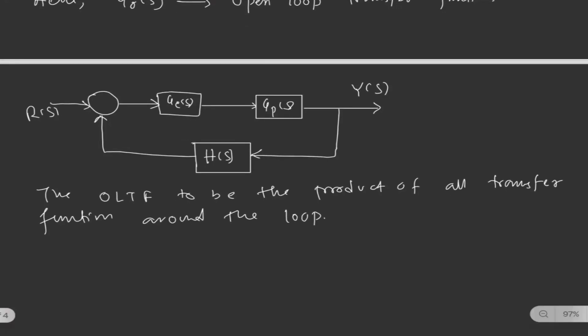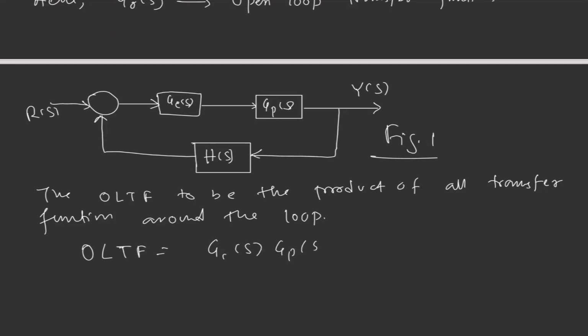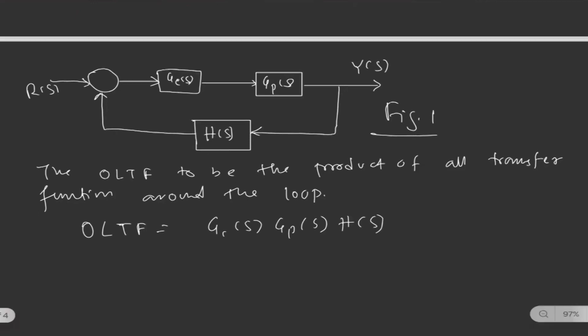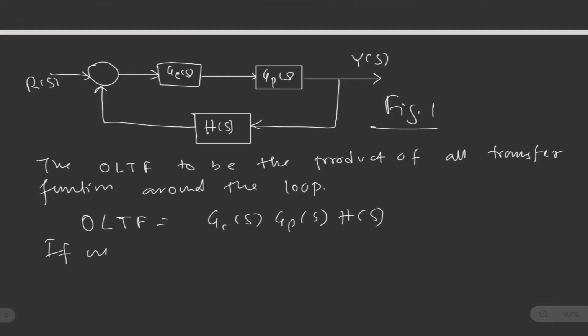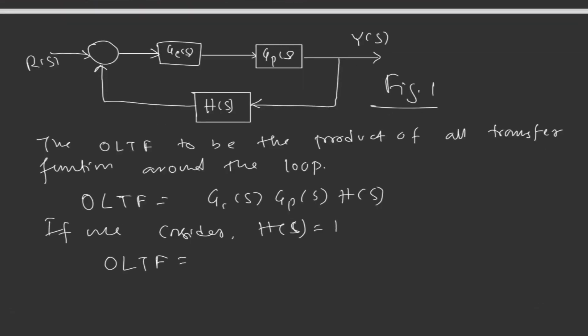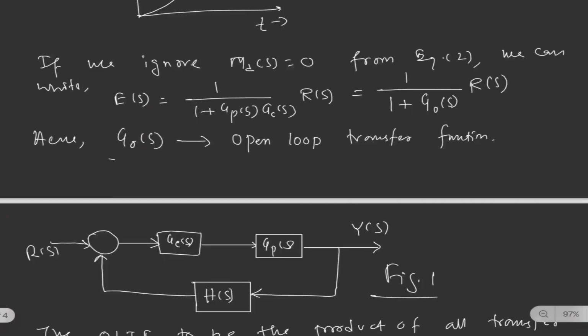So in this figure, we can write the open loop transfer function as GC of S, GP of S, H of S. And if we consider H of S as a unity feedback system equal to 1, then the OLTF, G naught S, will be simply GC of S, GP of S. So this is what we have done here.